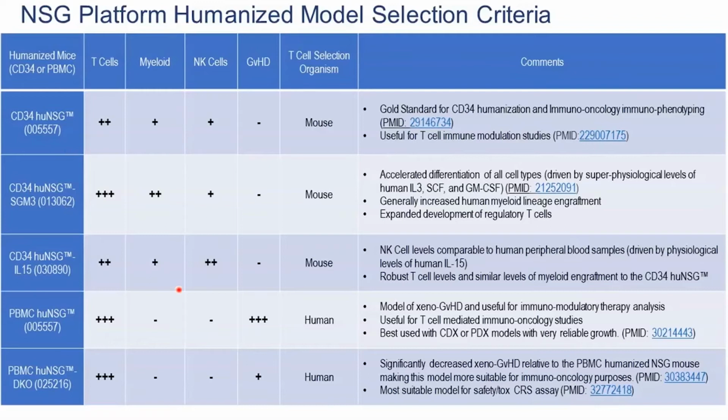Now, the CD34 engraftment is going to be answering more sophisticated questions, whereas the PBMC engrafted mice is really going to be focused on the T cell populations and whether you're upregulating or downregulating the T cell populations. And whether you're looking at GvHD as a readout or you're looking at some other fundamental readout like cytokine release or tumor efficacy or something like that.